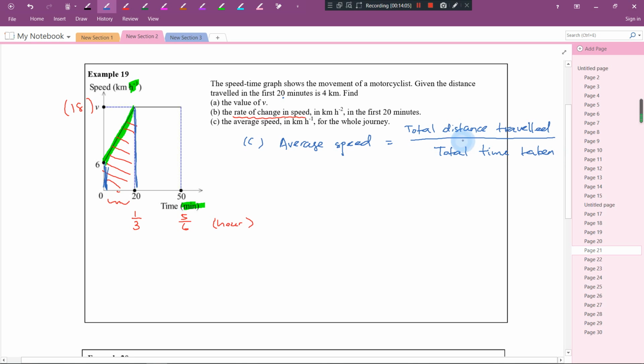So it means that we need the total distance travelled and the total time taken. Total time taken is no problem, very straightforward, which is equal to 50 minutes. But don't forget, we want per hour, so we have to use 5 over 6 hours.